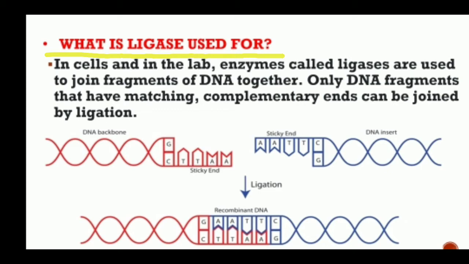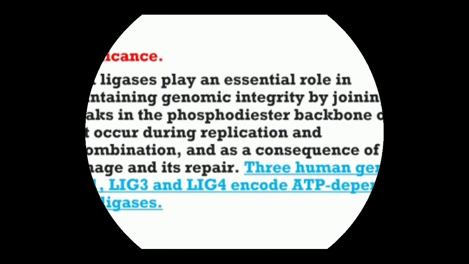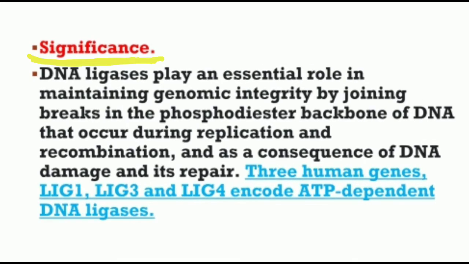In the cells and in the lab, enzymes called ligases are used to join fragments of DNA together. Only DNA fragments that have matching complementary ends can be joined by ligation. Now, what is the biological significance of DNA ligase in a cell?